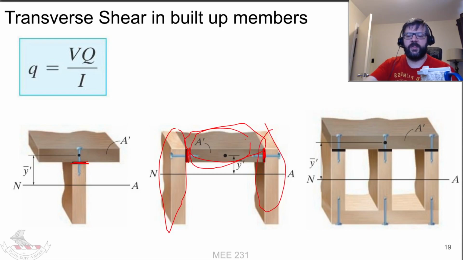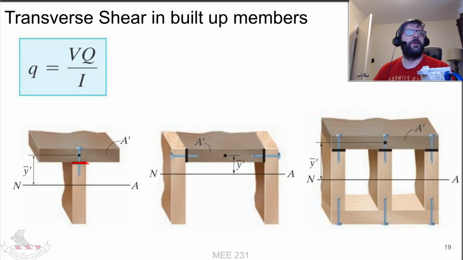You would calculate the shear flow, or the shear force that would be induced, using a Q of this area and this y bar. In each instance, you still use the overall I of the entire cross section, and the V is the shear force at that particular cross section.